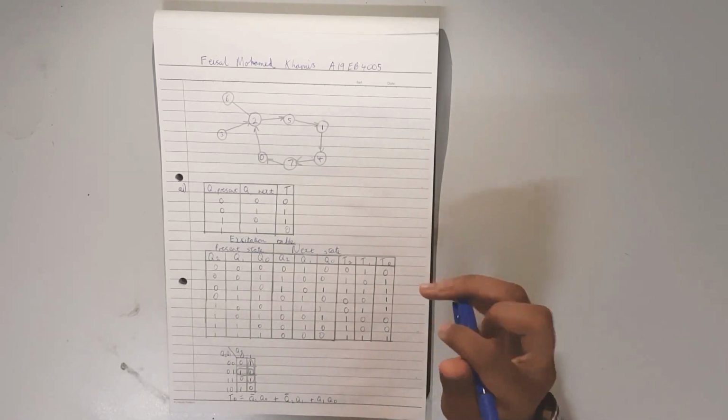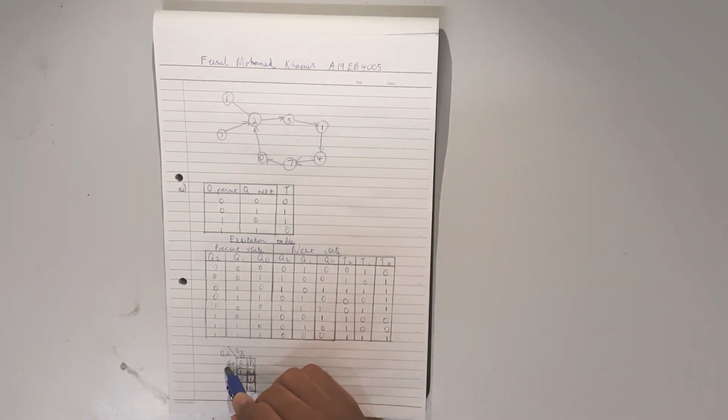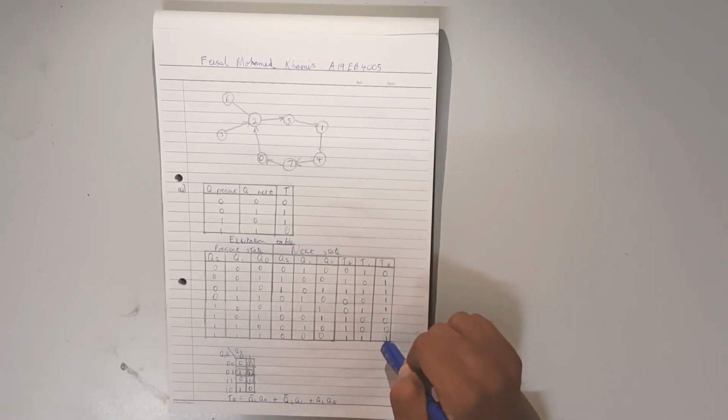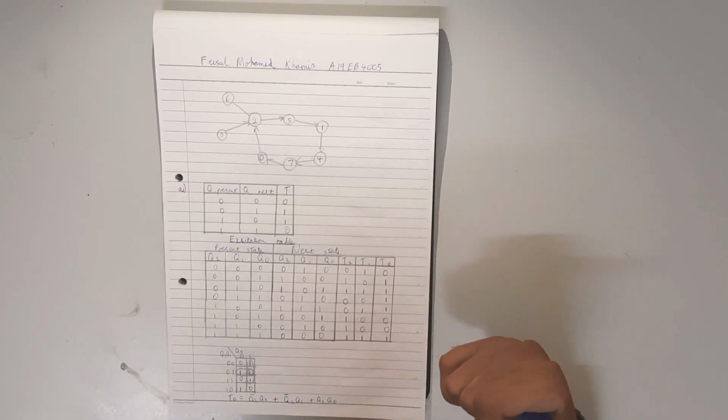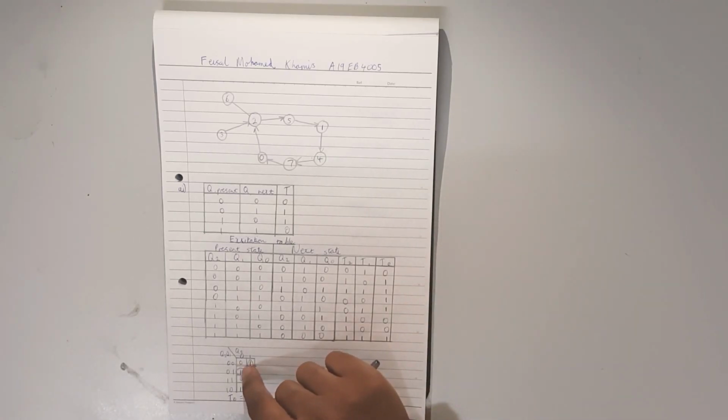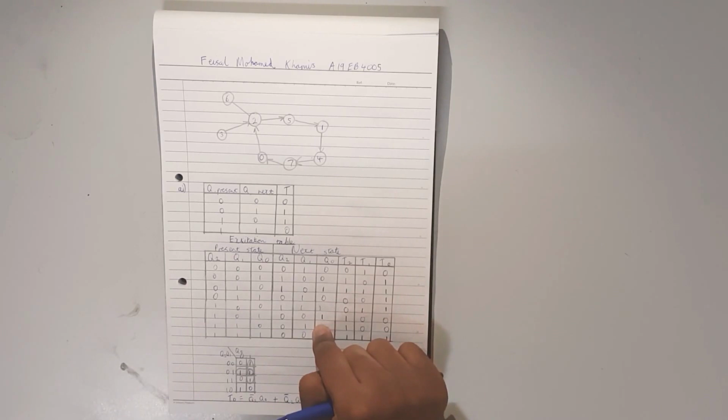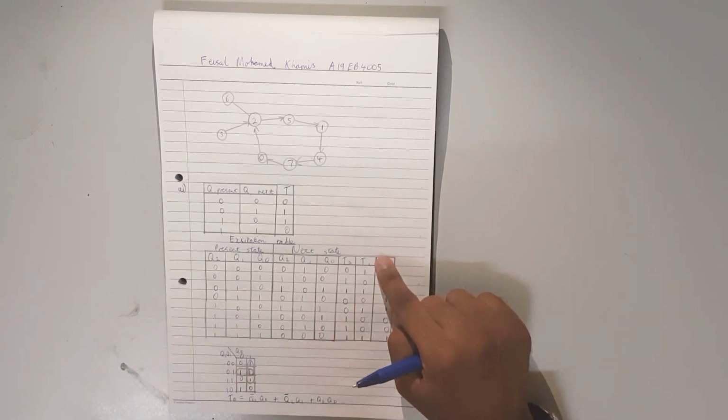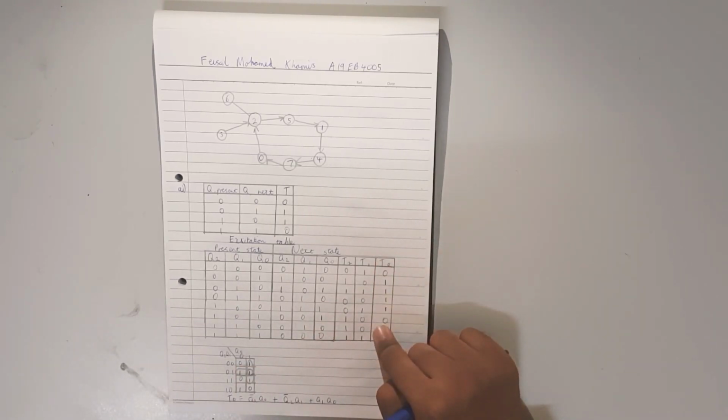Now you start with 000 or any of the boxes. 000 is this box. We check our T table, because in the K-map we actually check the output, but here we check the T table.